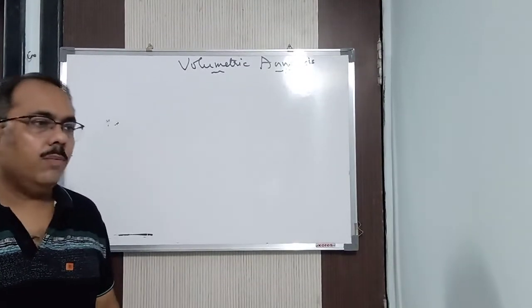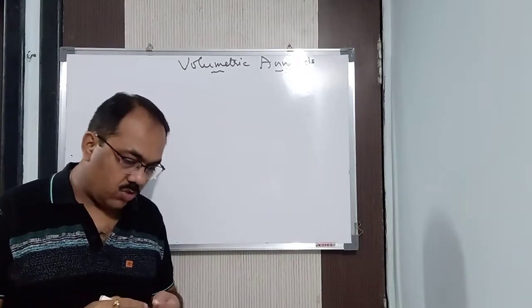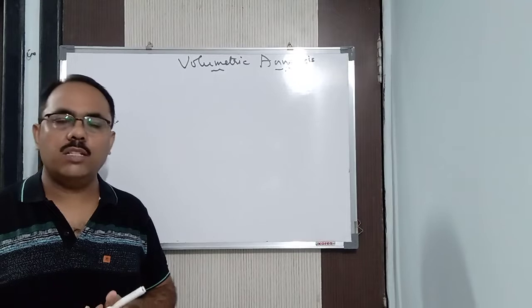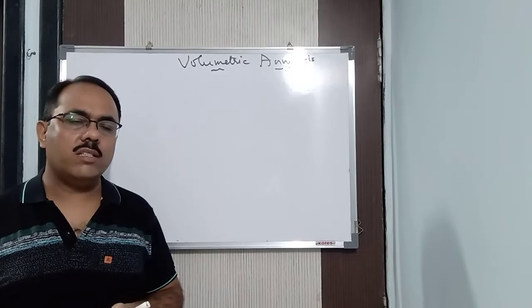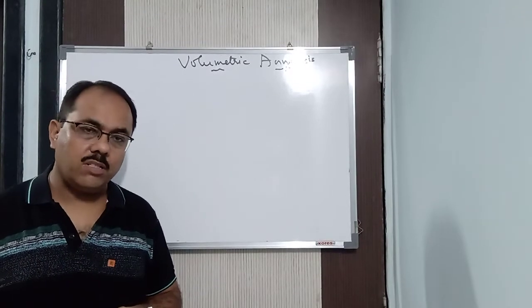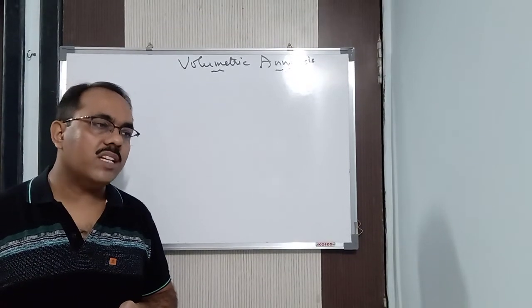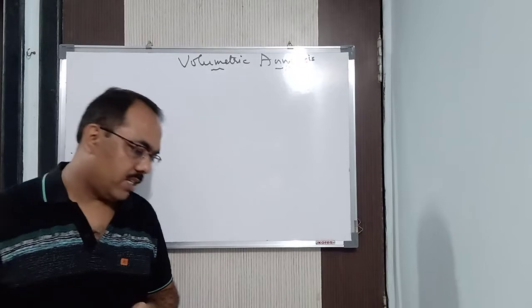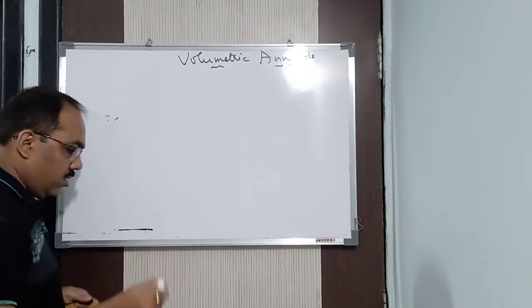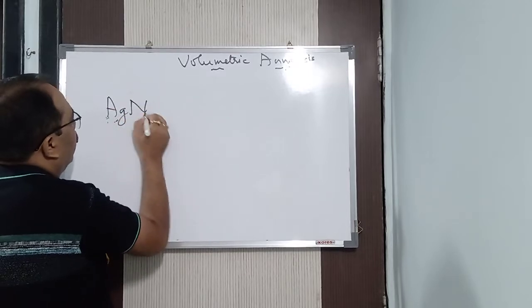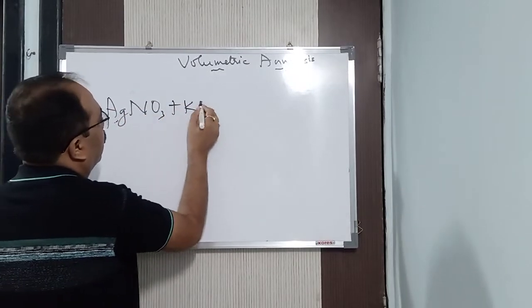Now next, we will come across different types of solution. When we do a titration, it basically undergoes a neutralization reaction. It may also result in a precipitation reaction, because sometimes it may form a precipitate. It may also result in a complex formation reaction. Now what do we mean by complex formation reaction? Suppose I take AgNO3 and KCN.